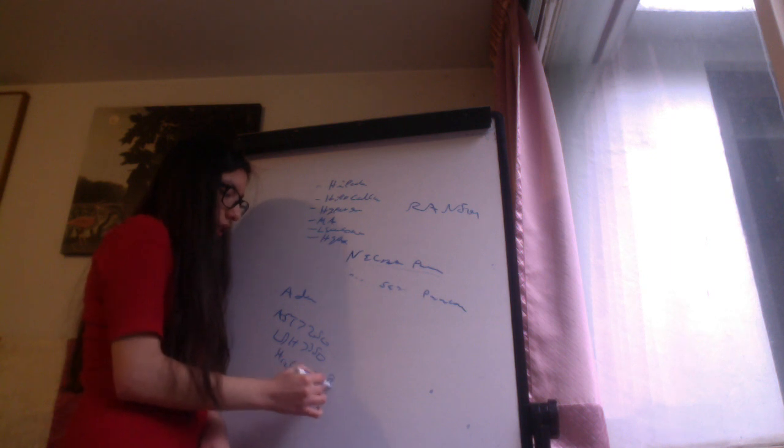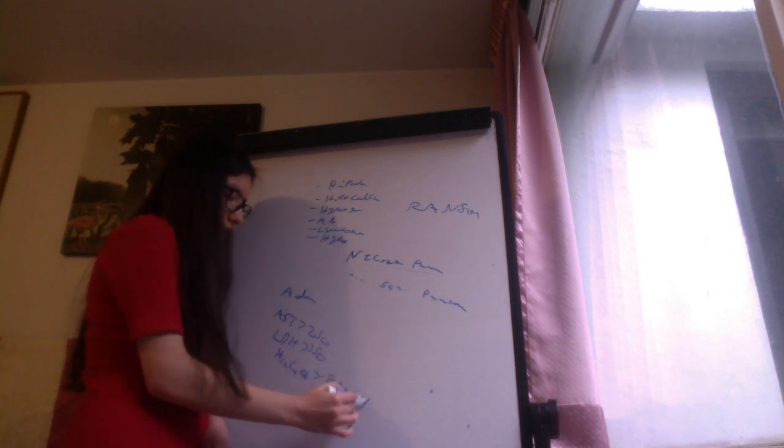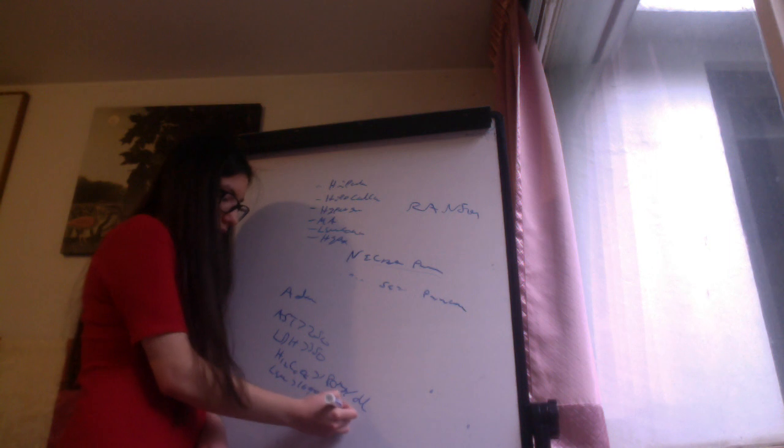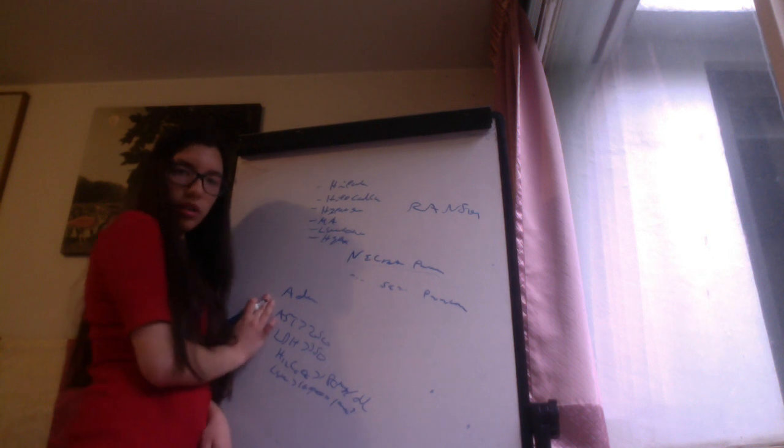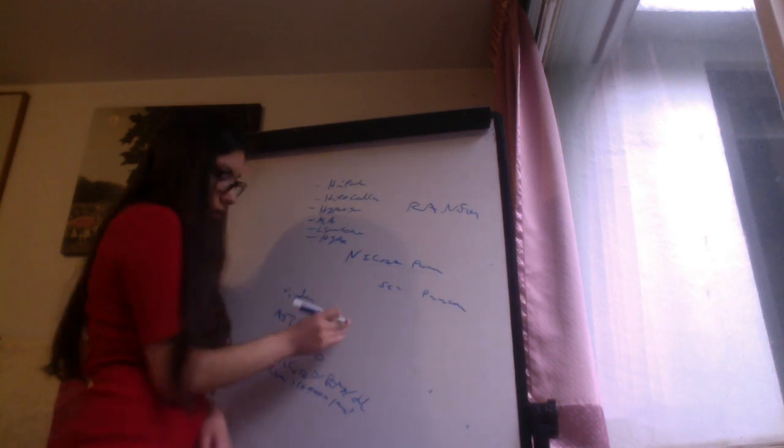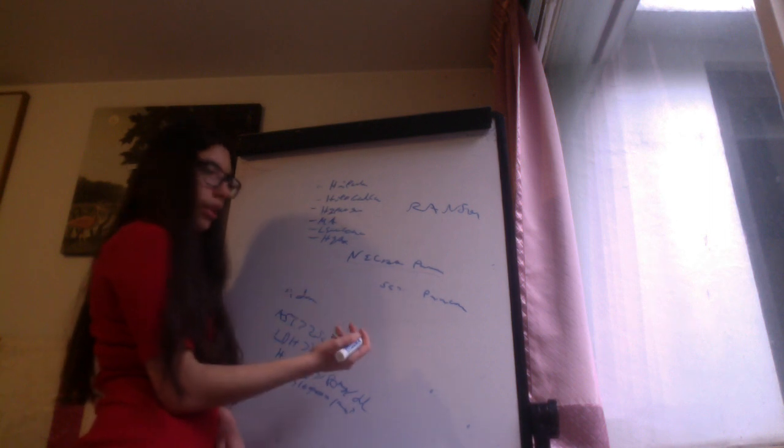The aspartate aminotransferase greater than 250, lactate dehydrogenase greater than 350, glucose more than 180 milligrams per deciliter, and the leukocyte count more than 16,000 per cubic millimeter. This, for admission, means a very severe pancreatitis, and we maybe need to do operation.